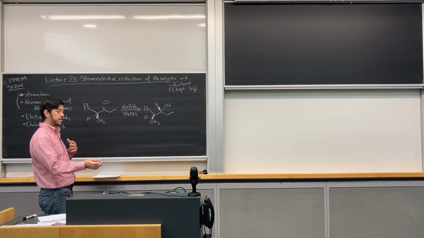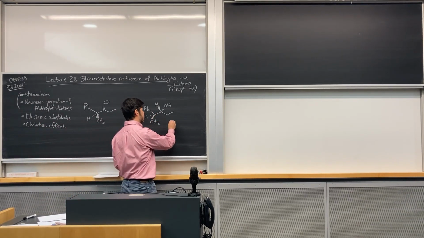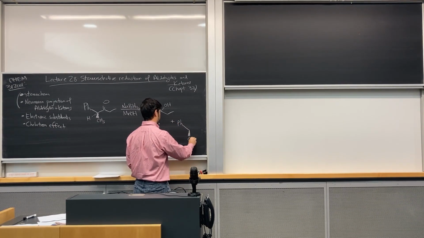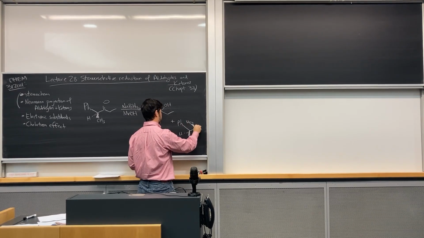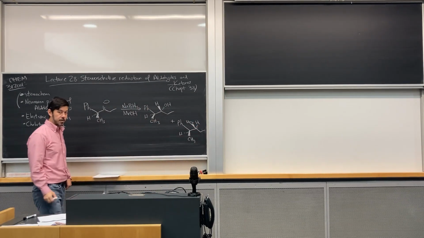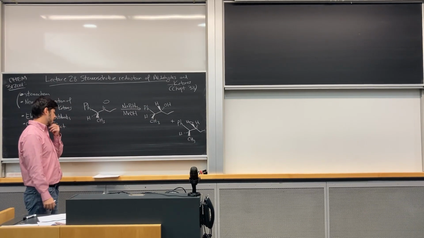The other stereo product would be where this is flipped the other way. So you could also generate that product. And those 2 are both stereoisomers of one another. So, all right, that's interesting.